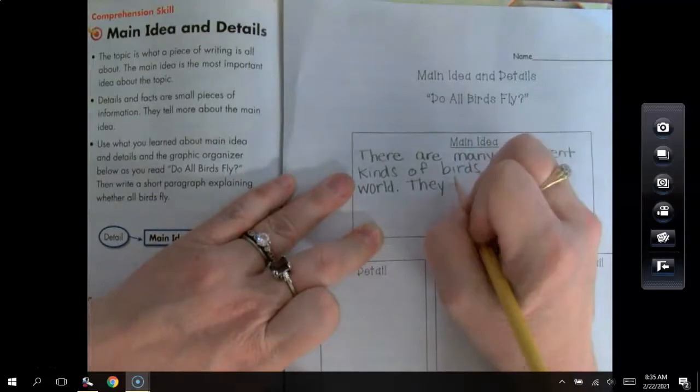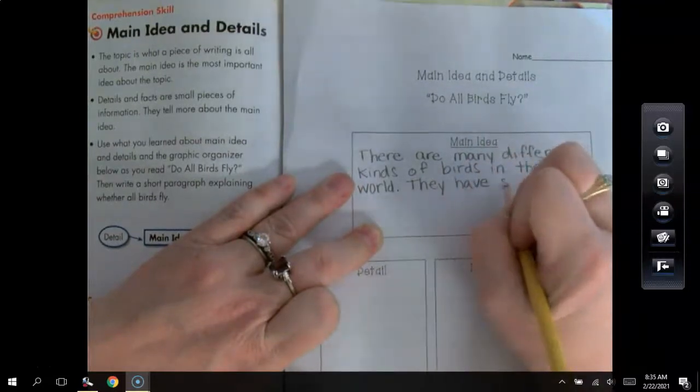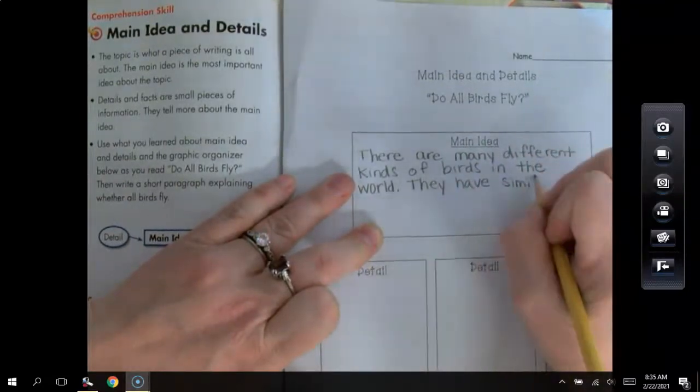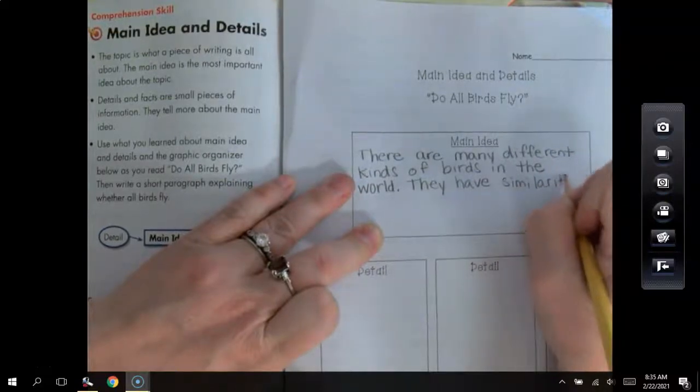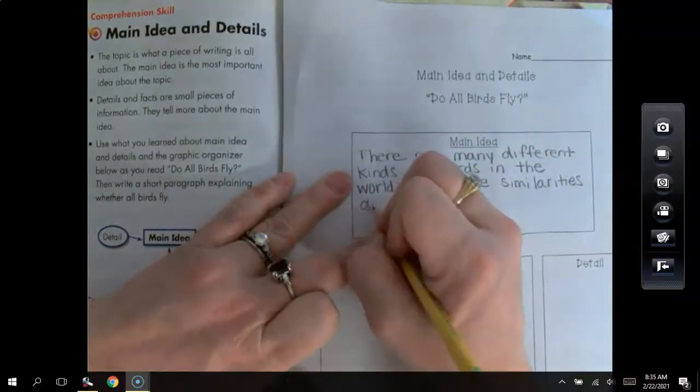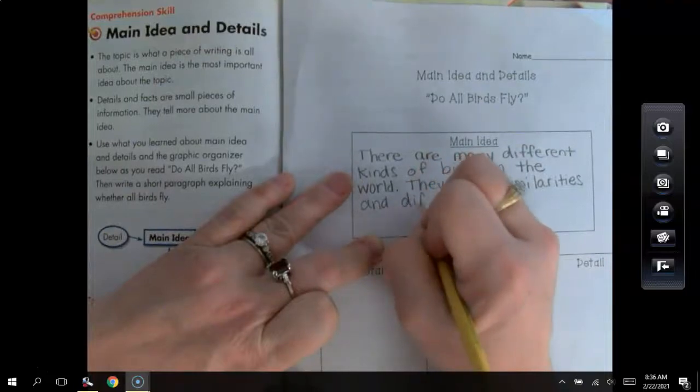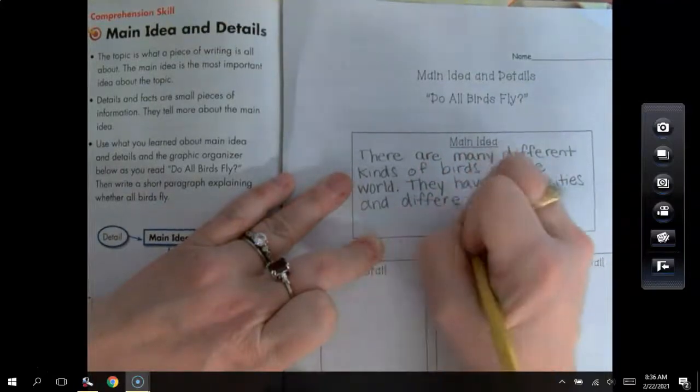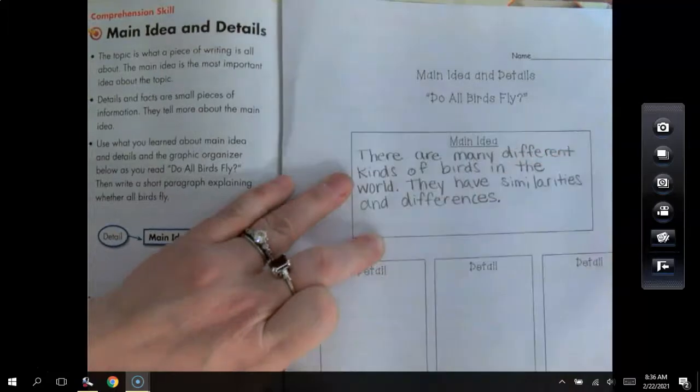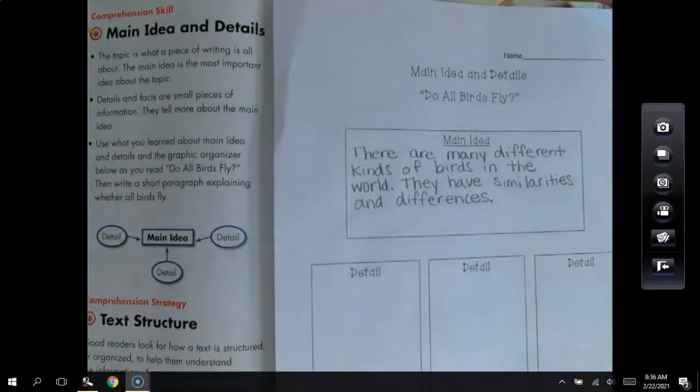They have similarities and differences. That is going to be my main idea of this selection.